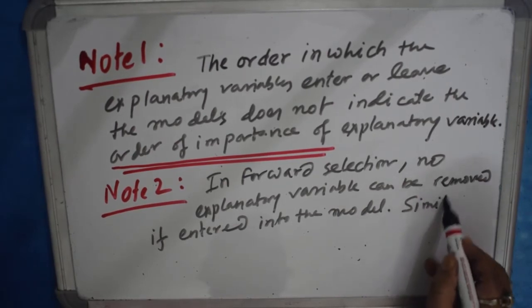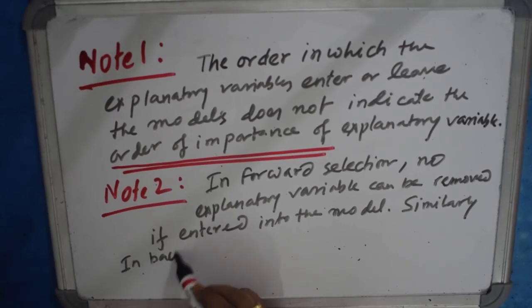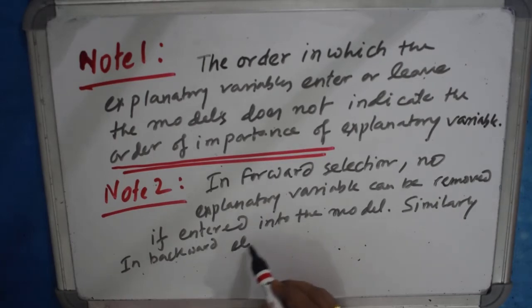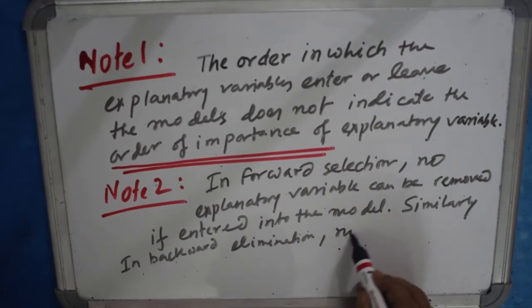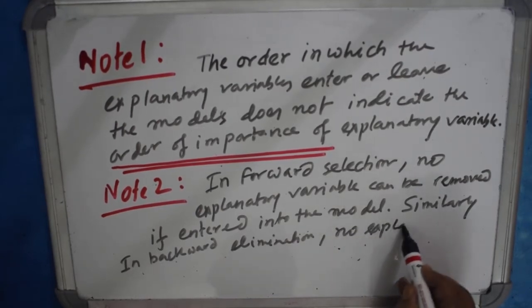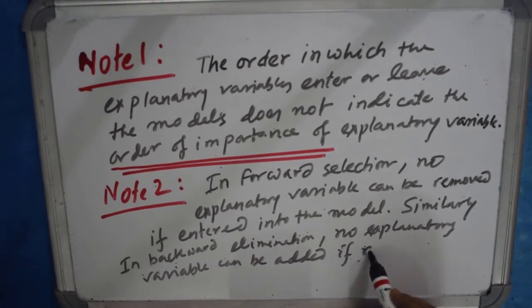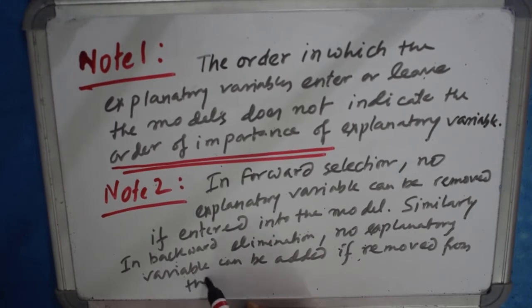Similarly, in the backward elimination method, no explanatory variable can be added if removed from the model.